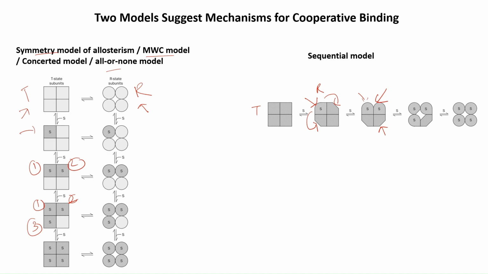Whereas in the symmetry model, what it is saying is all the subunits will be either in the R state or in the T state. If it is in the T state, it will remain in the T state, but in equilibrium with the R state. So more and more binding of ligand to the T state, which is low affinity, will shift the equilibrium towards the high affinity conformation.